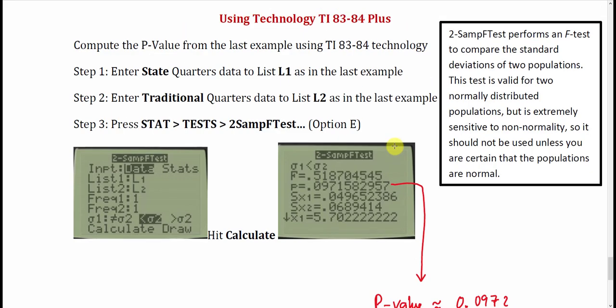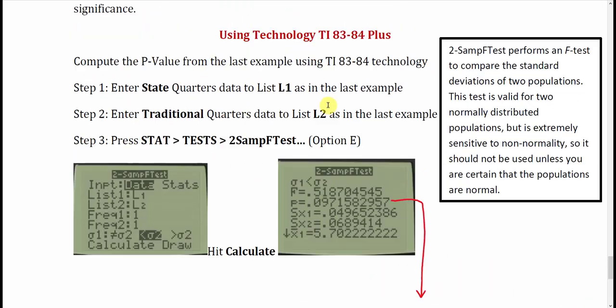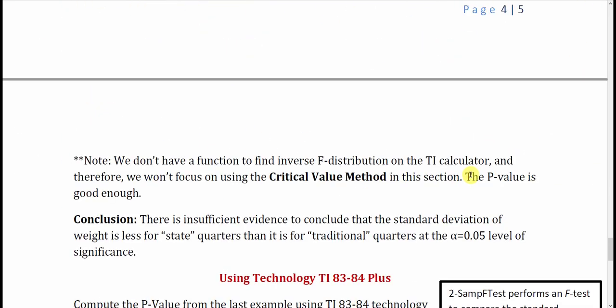Now, if you just want to use the TI-83 or 84 Plus to compute the p-value, you can do that very easily. The first step is we enter the state quarters into data list 1 as in the last example, right? And then we enter the traditional quarters into data list 2 as in the last example. So we enter list L1 for state quarters, list L2 for traditional quarters.